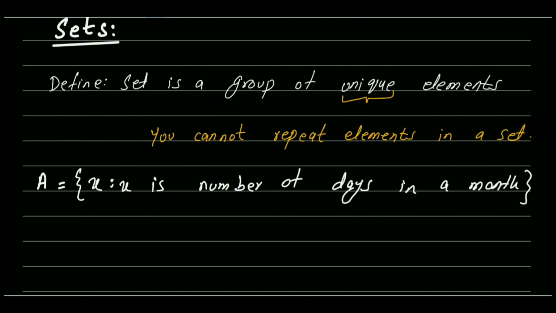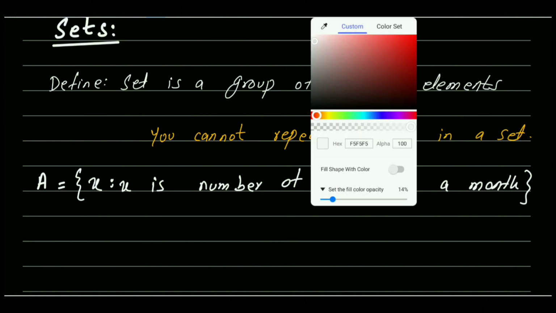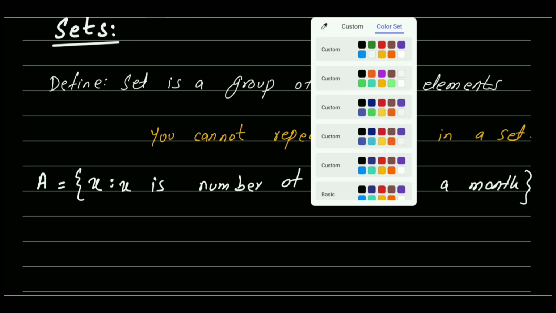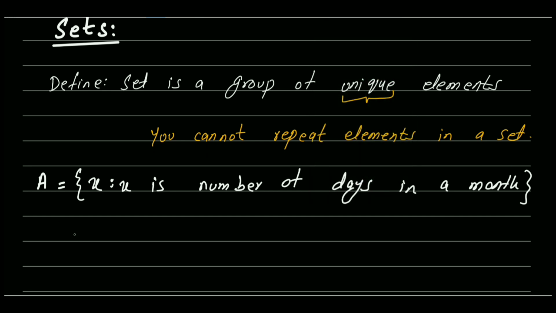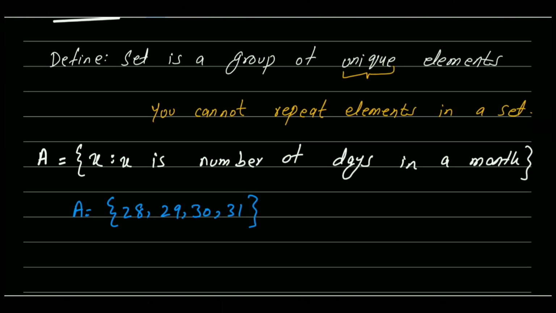So how will we write it? Number of days in a month can be 28, 29, 30, 31. So this is the way you can write set notation form into simple listing form.